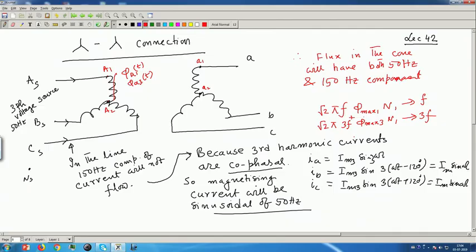And this induced voltage will be also here in the secondaries, because the same flux links both primary and secondary.